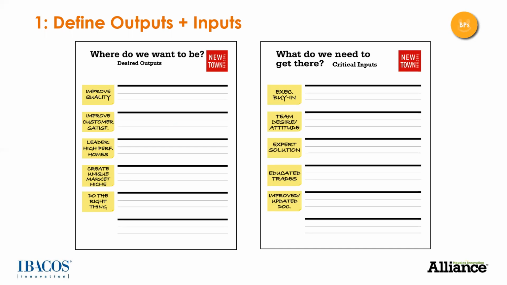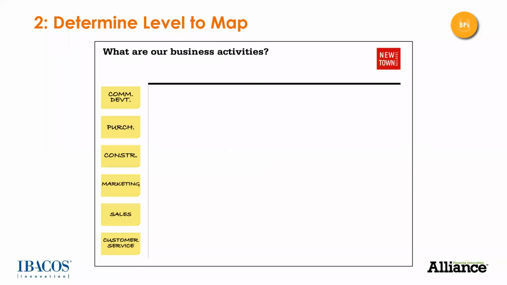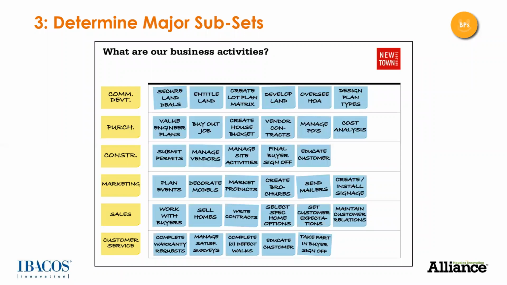The execs have got to buy in, the right team and the desire and attitude, etc. So you can see here, again, the kind of things, and then you'd fill them in for your project. What are the activities? So for Bill, he wanted to map the whole business from community development, purchasing, all the way to customer service.